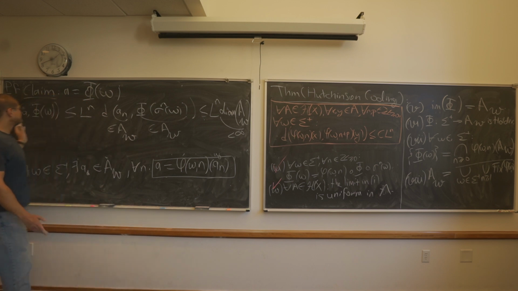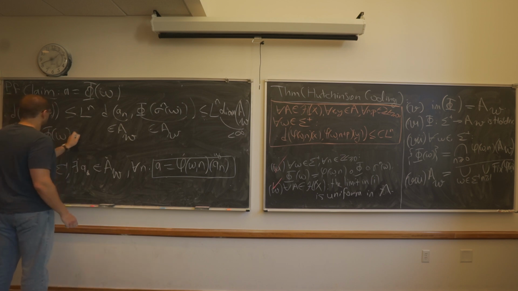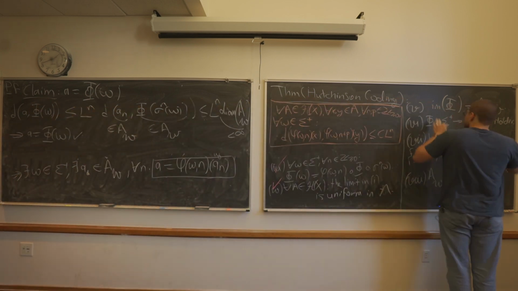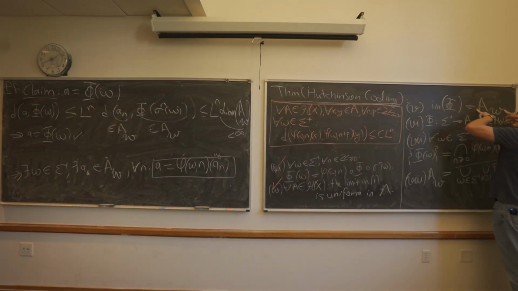But on the left-hand side, I don't see any n whatsoever, which means that if I were to take n to infinity, these two points have to be the same. So, given any point in the attractor, I was able to come up with a sequence that phi takes to A. That is to say, phi is onto, from shift space to the attractor. Questions?